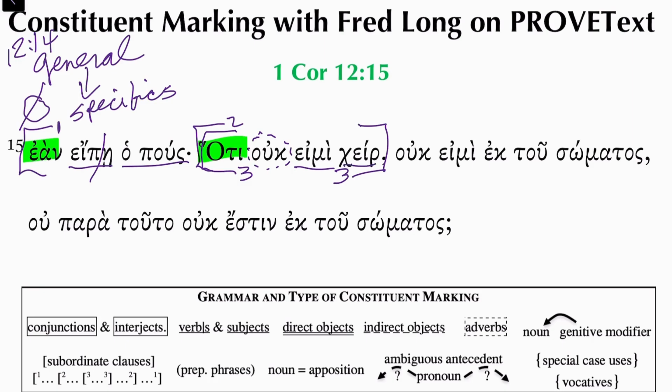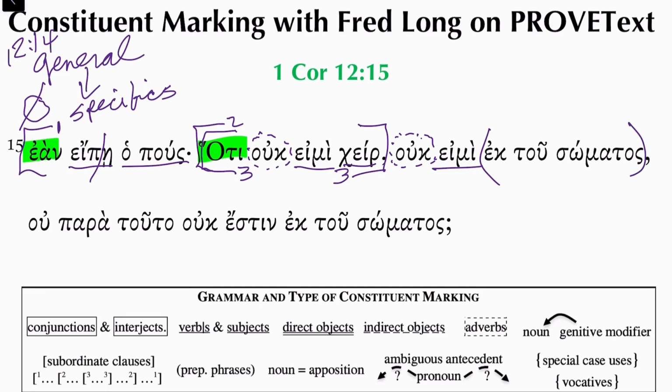Because I am not a hand starts this direct discourse. Because I'm not a hand, then I have an ouk, which I dotted box or circle. I am not from the body. Eimi, single underline, then ek tou sōmatos receives parentheses.